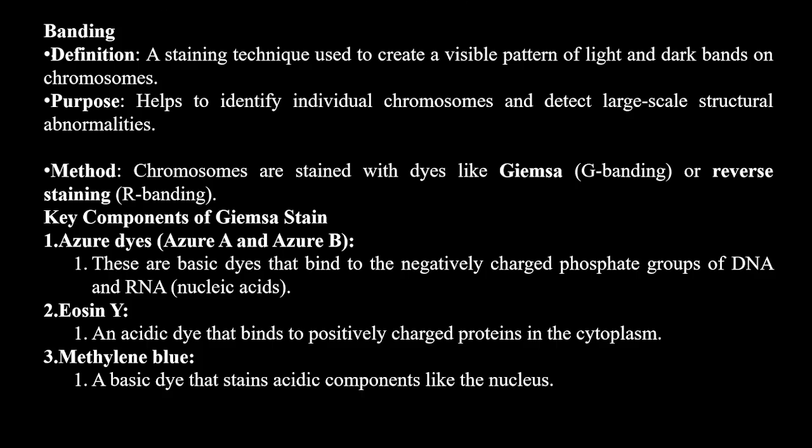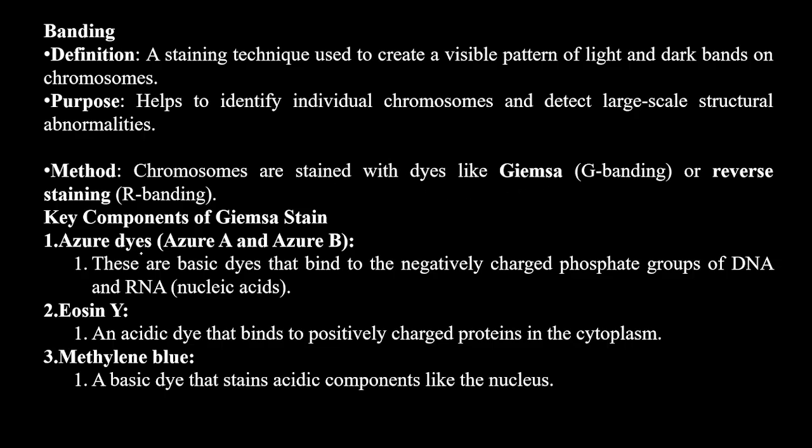So what will happen in this banding pattern? As I said, the regions which are AT rich will become dark and the GC rich regions will become lighter. So in this technique, the dye which is being used is the Giemsa dye.